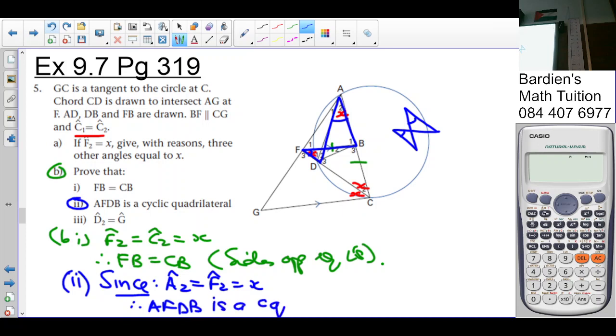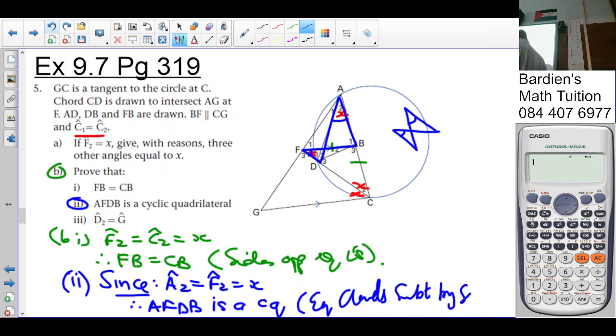Why? Because equal angles subtended by the same chord. Equal angles subtended by the same chord. Okay.